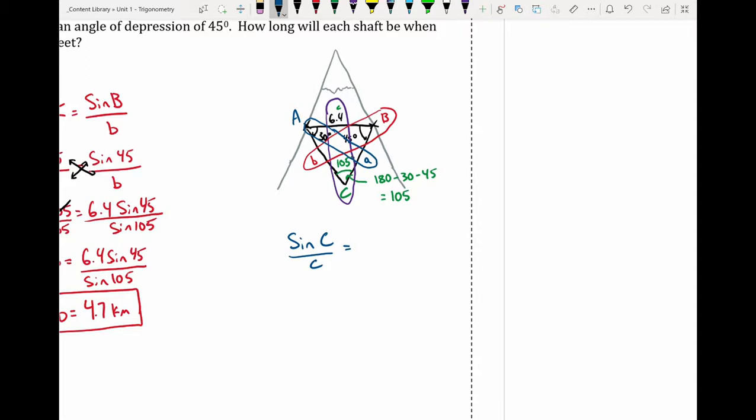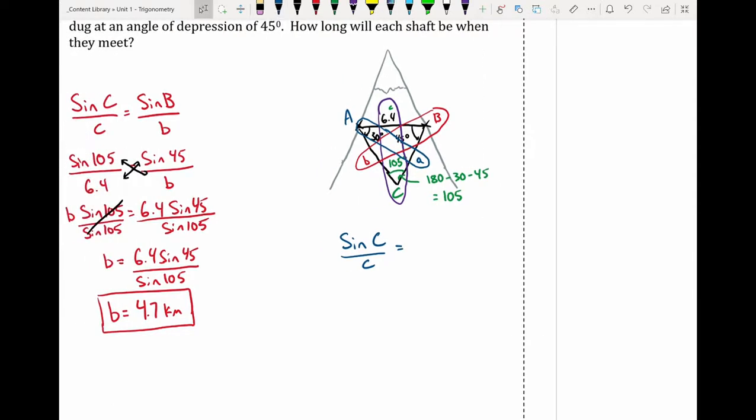Only issue with that is that if you get side b wrong and do your calculations wrong and then use it in the next step, you're going to get the second one wrong too. So just to play it safe, try to use the given information as much as possible, because you know that should be right because it's given to you in the question.